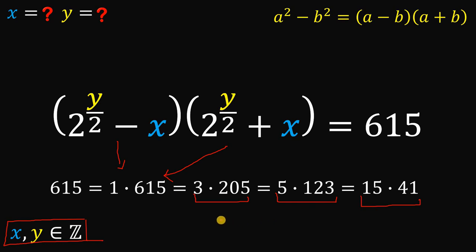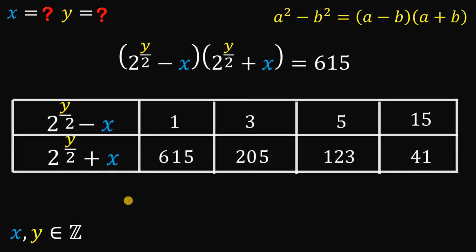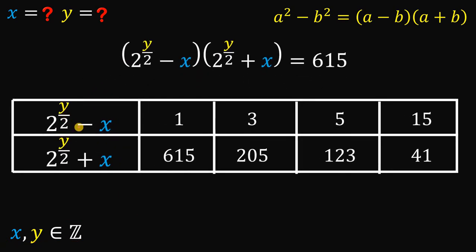To make this calculation simpler, let's make a table of some values. So 2 raised to y over 2 minus x can be 1, 3, 5, or 15. Also, 2 raised to y over 2 plus x can be 615, 205, 123, and 41, or vice versa. Now, what we're going to do is add these two equations.